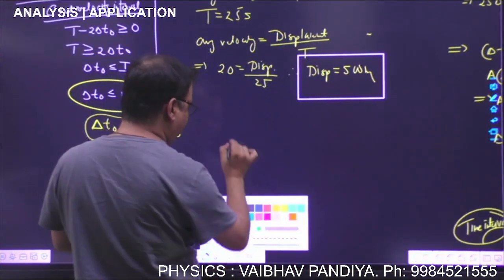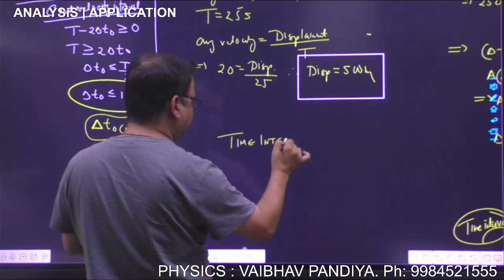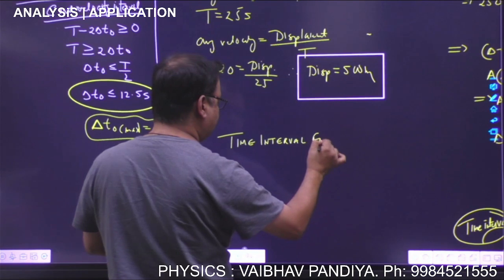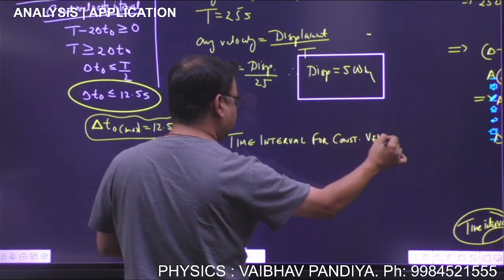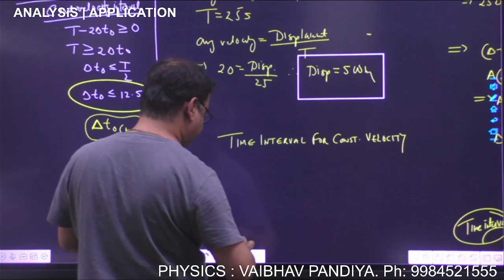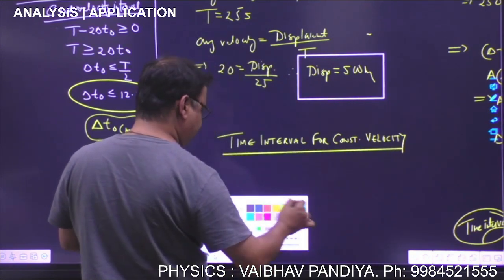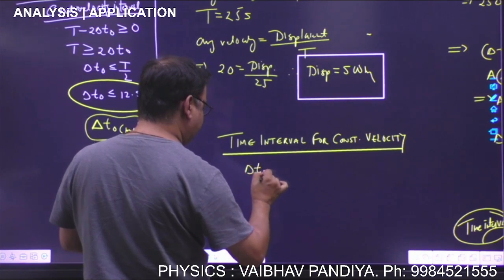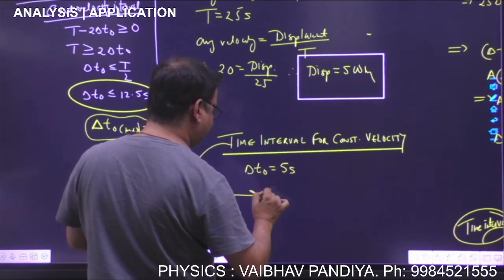So the time interval for constant velocity: since you got delta t naught, the physically acceptable value, as 5 seconds, the time interval for constant velocity is how much?